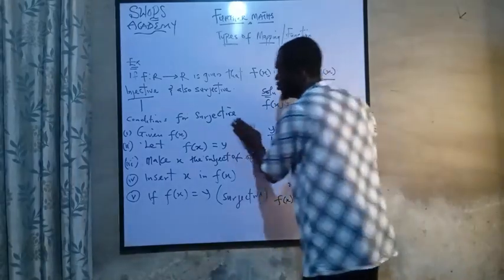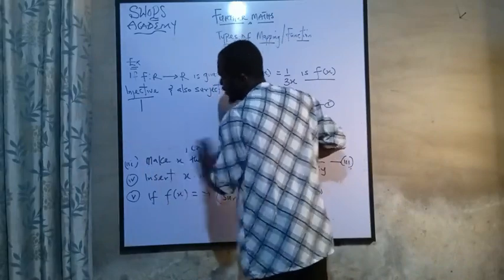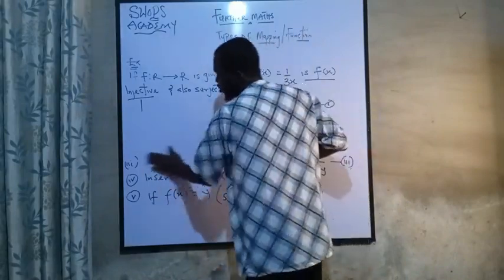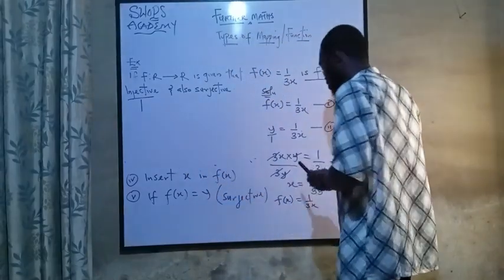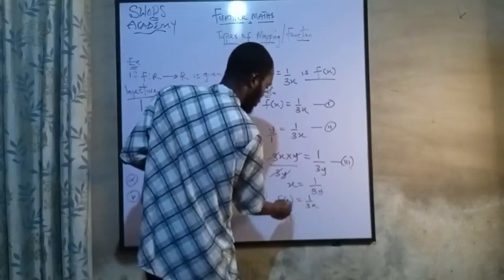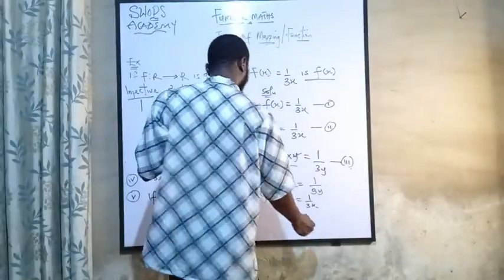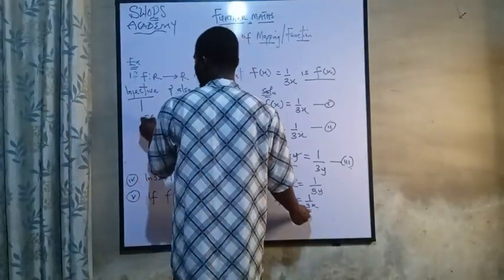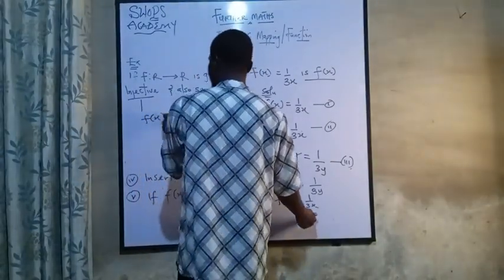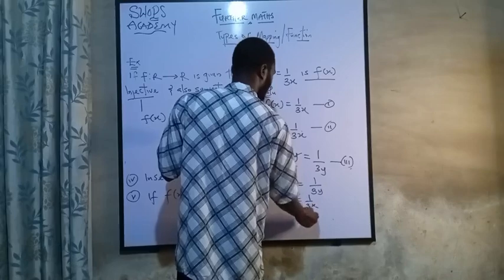Now, the next thing, we want to know: is it also surjective, or onto? Onto mapping. Are we together? Now, wherever I'm seeing x, what will I be putting? 1 over 3y. It will now be f of x equals 1 over 3 times x. What is the sign that is joining them?